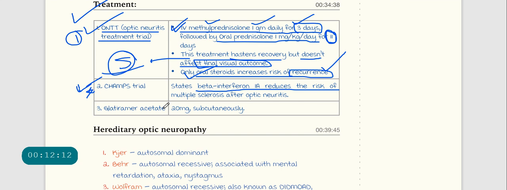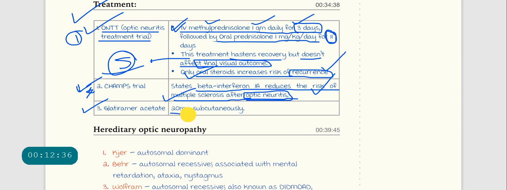So basically in this trial there is a risk for multiple sclerosis after optic neuritis. The next is glatiramer acetate. In this you give 20 milligrams subcutaneously.